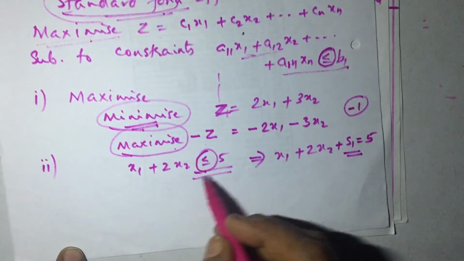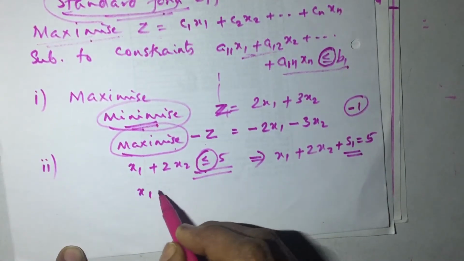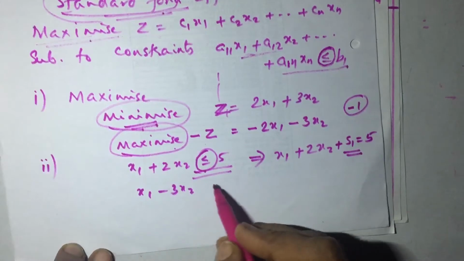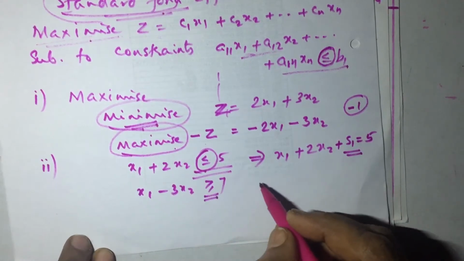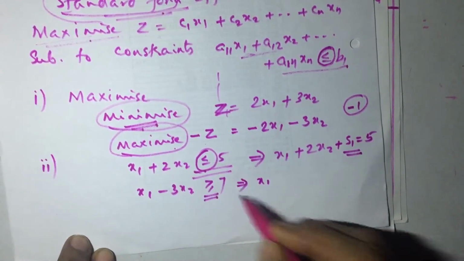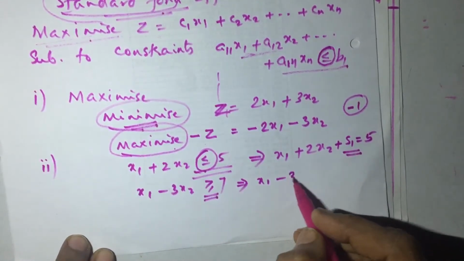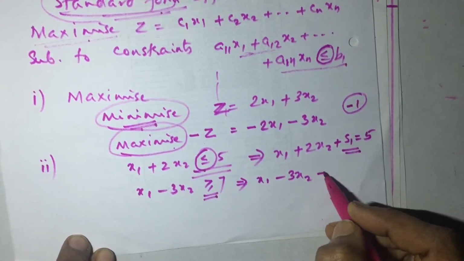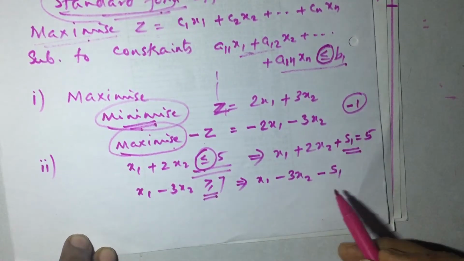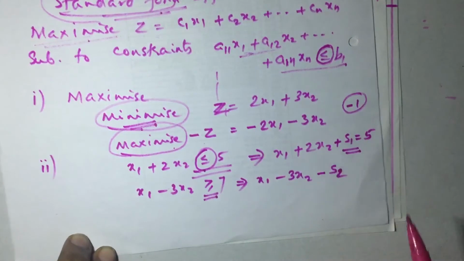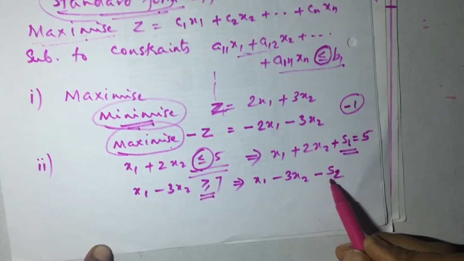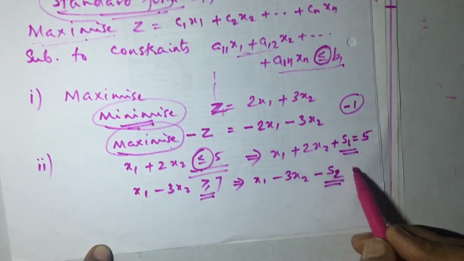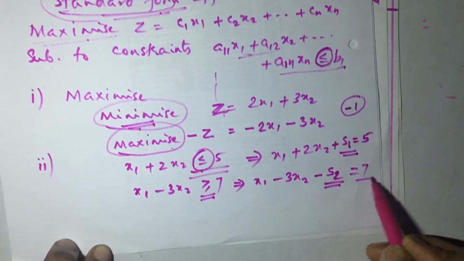Now if a constraint is of the form x1 minus 3x2 is greater than or equal to 7, you have to convert that into an equal to sign by subtracting a variable, say s2, so that it becomes equal to type.